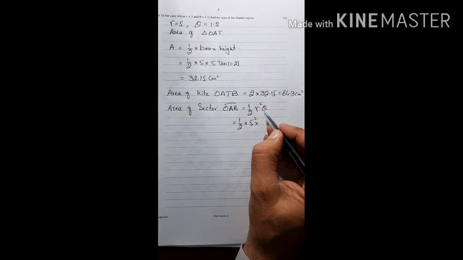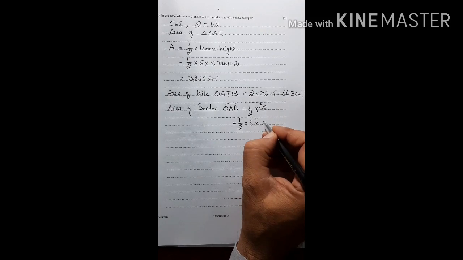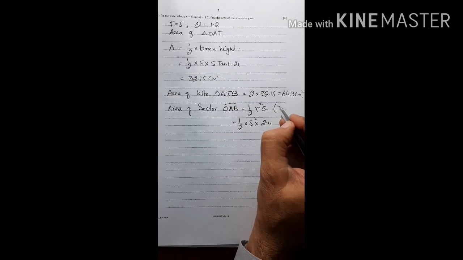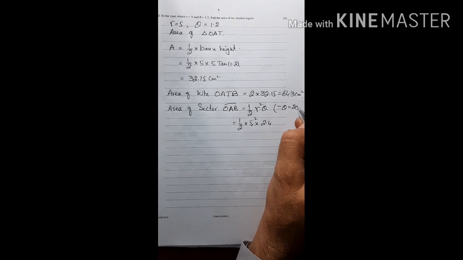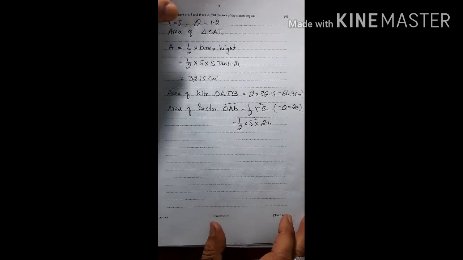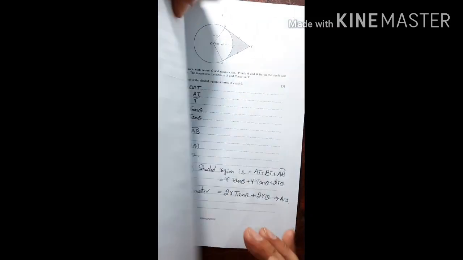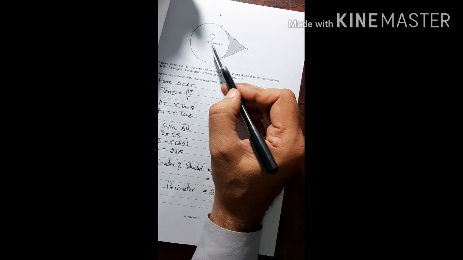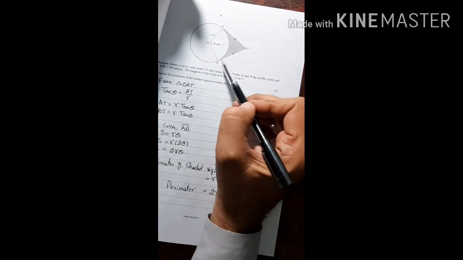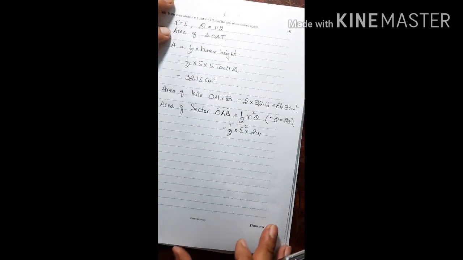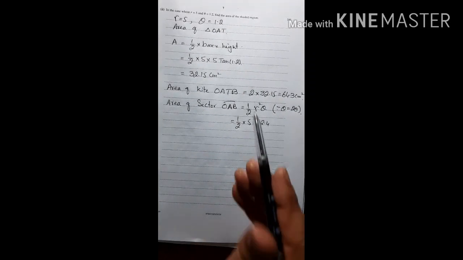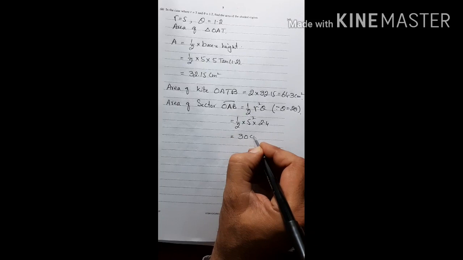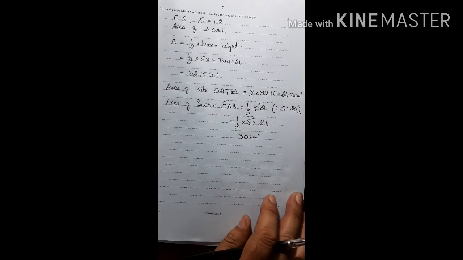Now our angle is 2 theta, so it will be 2.4, because theta is equal to 2 theta here. If you want, I can show you again: this sector, theta means the angle of the sector, which is actually 2 theta. So I need this sector. It will become 30 centimeter square, area of sector.